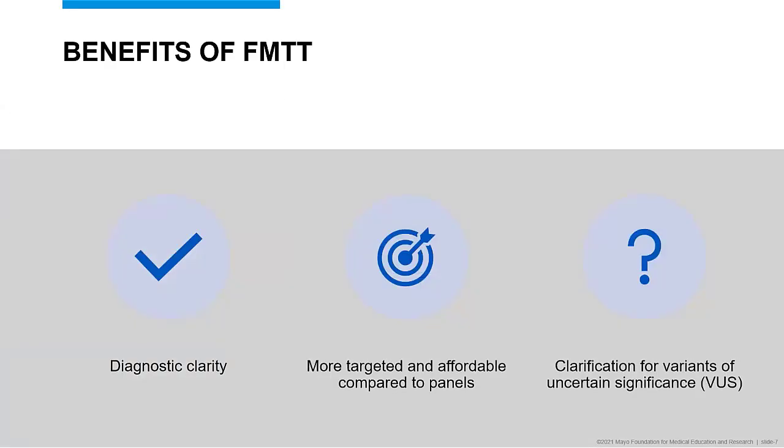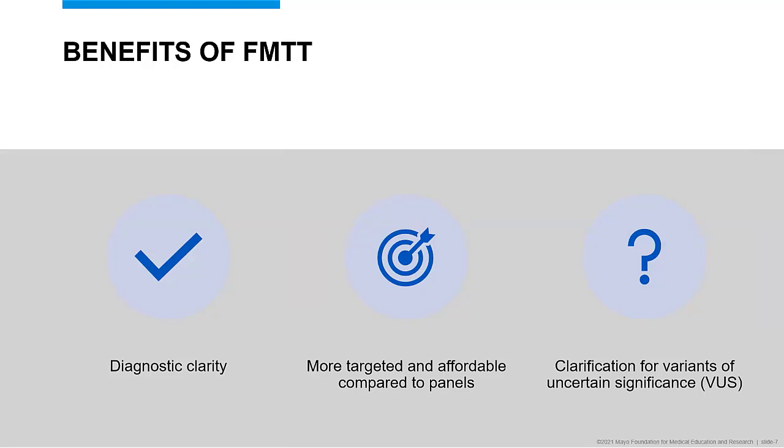FMTT is a powerful test that will be able to give clear results, the presence or absence of a specific variant. This allows family members to undergo appropriate clinical care when the variant is detected, and also informs family members who do not have the variant to not undergo additional clinical care. By testing for just the familial variant, testing is generally more affordable.